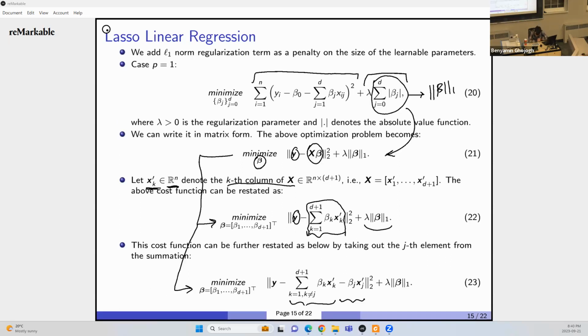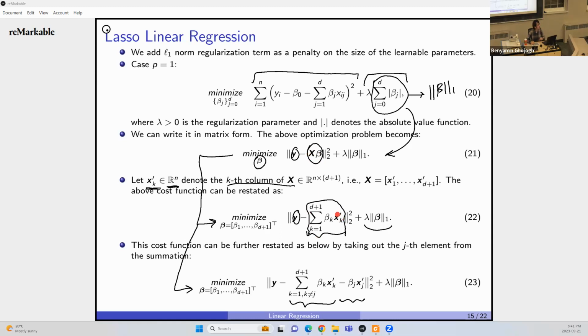Oh, because I understood. So the question is, why is the summation over j equals 1 to d plus 1, right? The reason is that I want to write X beta as this. X has n rows and d plus 1 columns. Beta is a d plus 1 dimensional vector. I'm considering X column wise now, column by column.